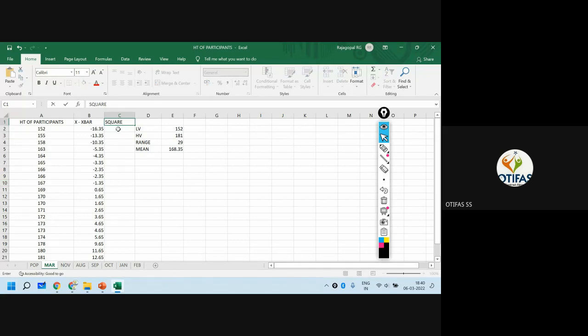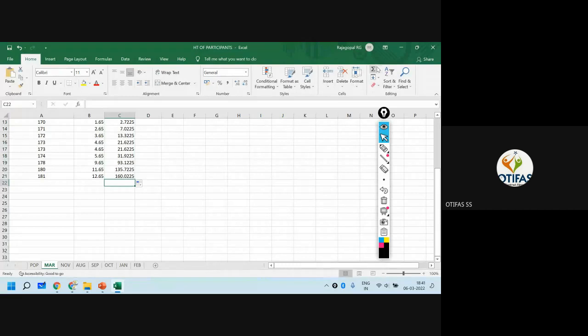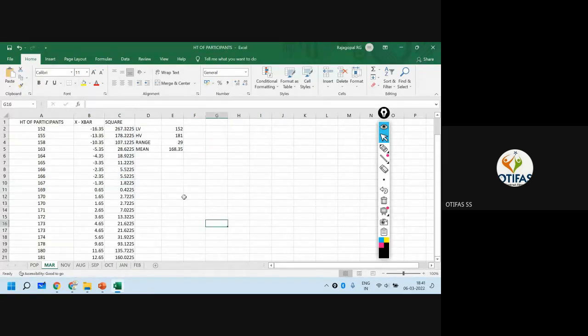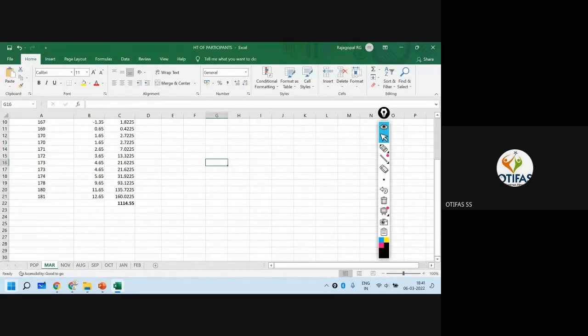You have to square this, which is this into this, and then you add these squares, sum these squares. So understood? First you find the individual values, then sum, and then it is calculated.